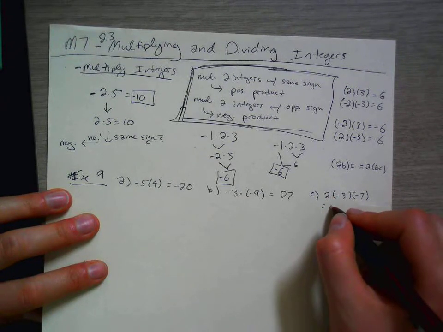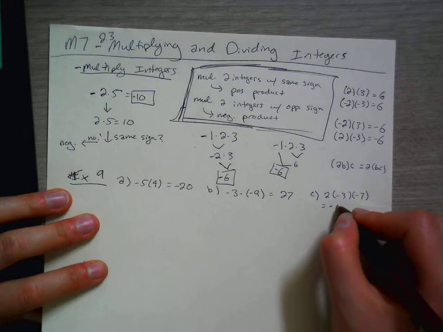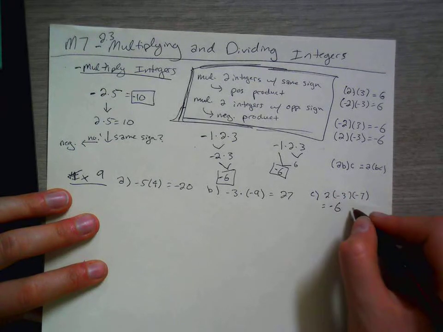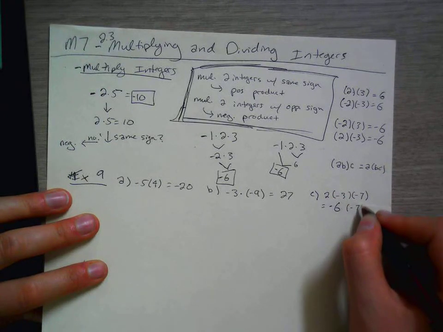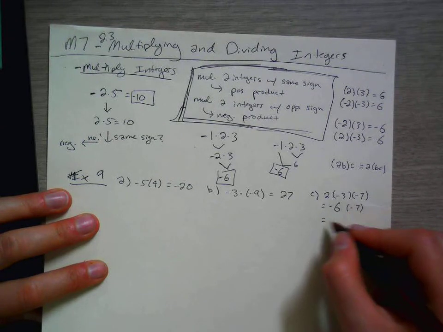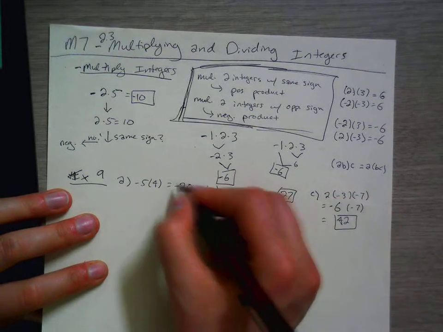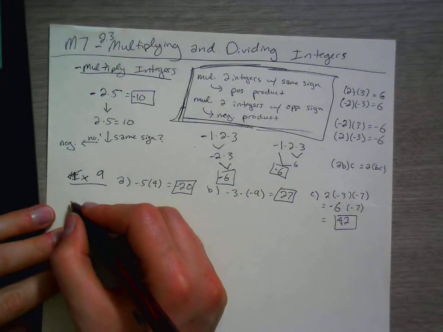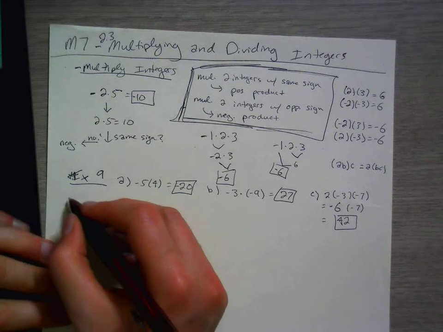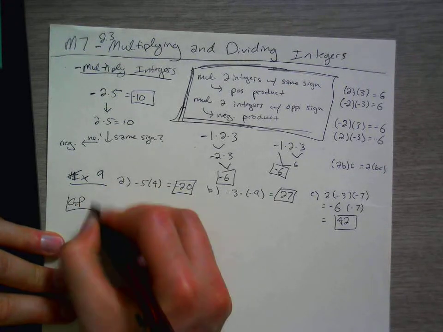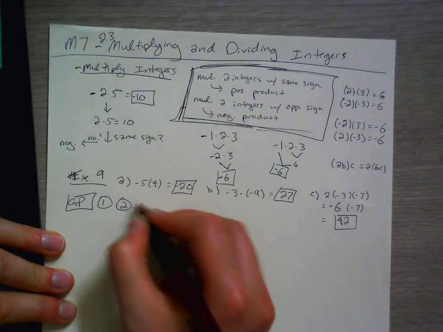So 2 times negative 3 is negative 6, because the signs are different, times negative 7. Then we multiply these two, and that gives us 42. Signs are the same, so it stays positive, and that's your answer. Try this on guided practice 1, 2, and 3.